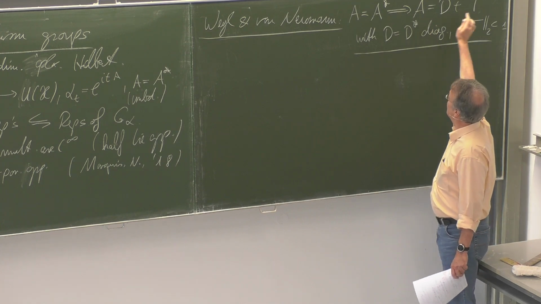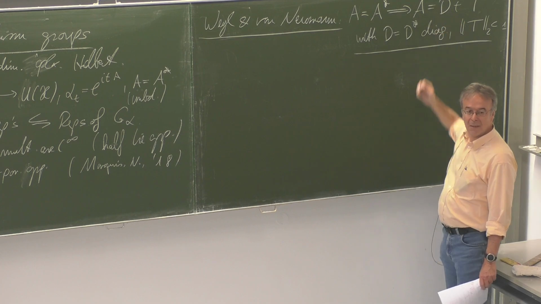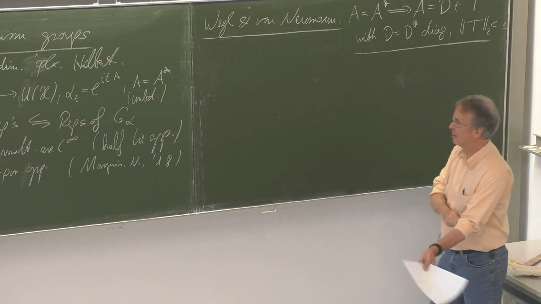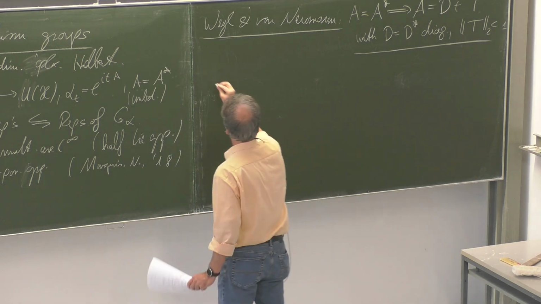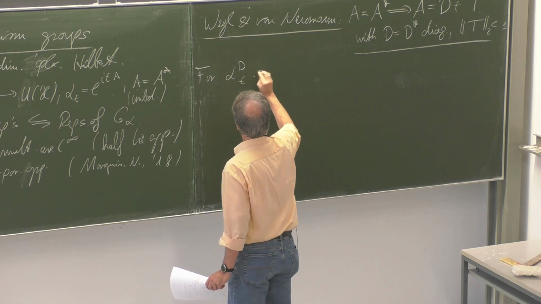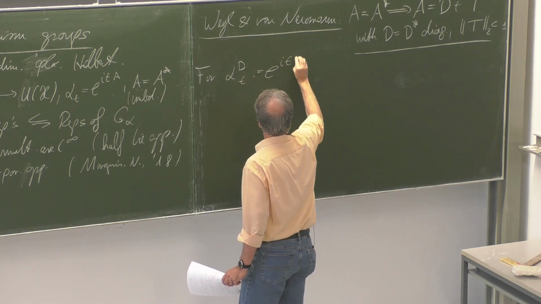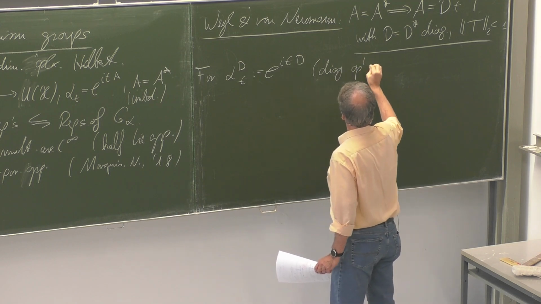So if we look at this decomposition here, we can reduce to the diagonal context. And the result is that we write alpha_t of E, so these are diagonal operators.